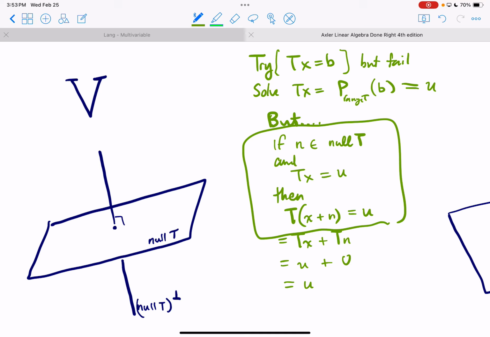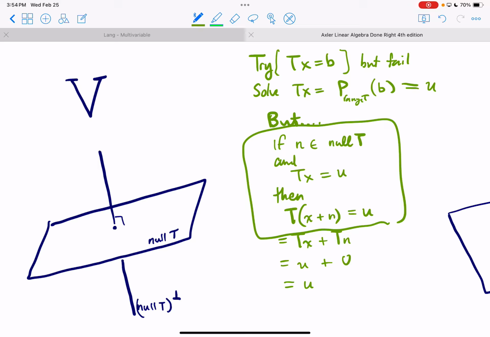And then somebody else comes along and says, well, here's another solution, x plus n, for anything in the null space. Do you see that I have infinitely many solutions? For every single vector in the null space, I get another solution, x plus n. Whatever solution I found, x, just add something in the null space, that's another solution. This is an issue, okay?